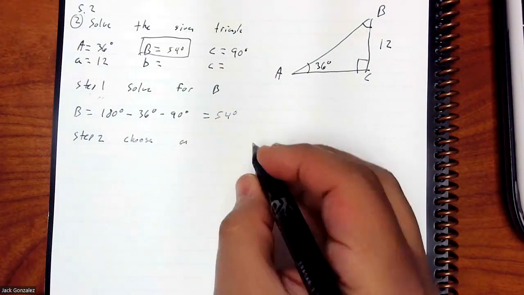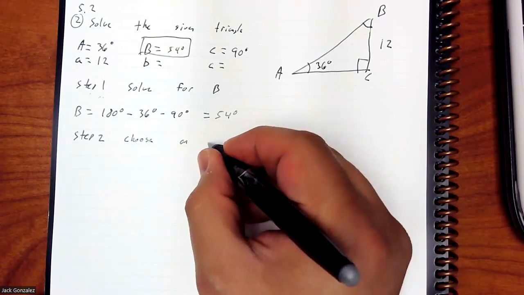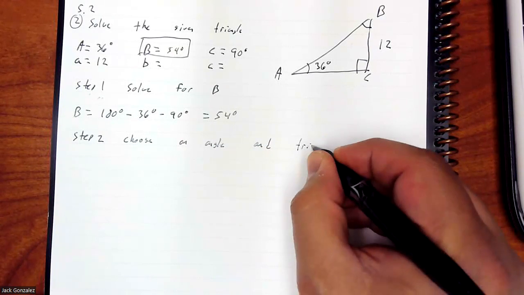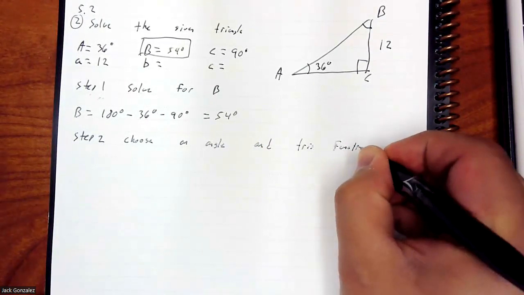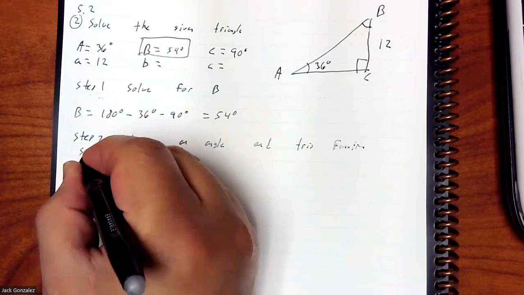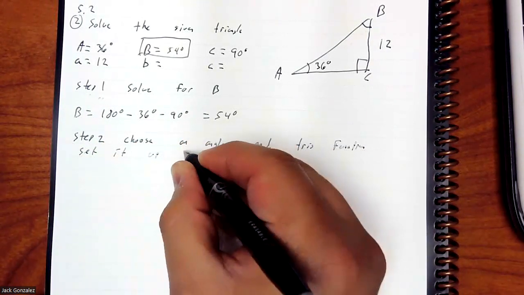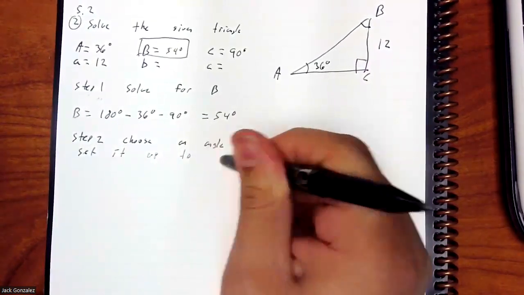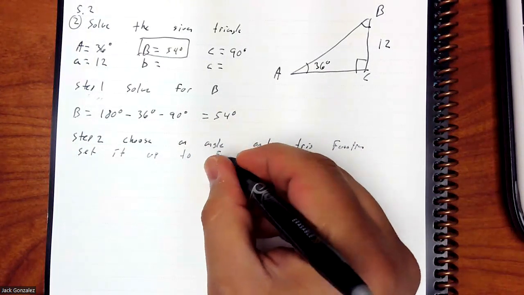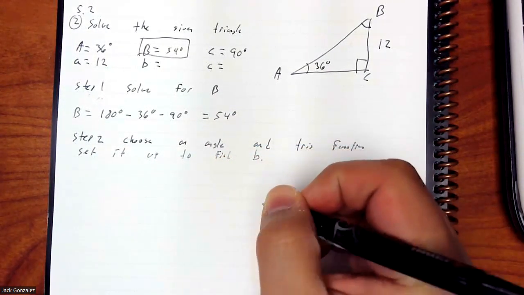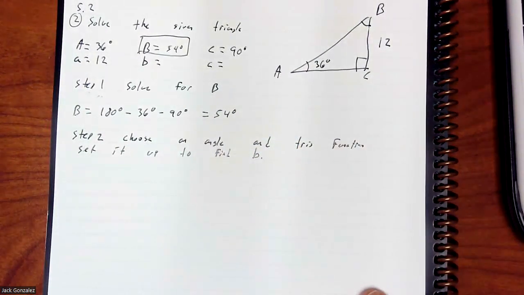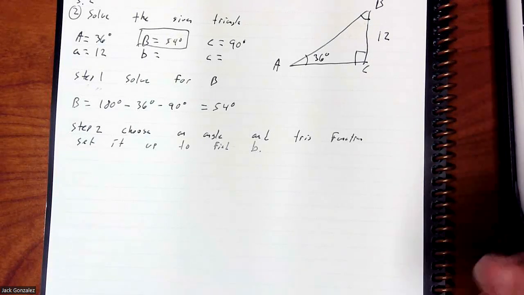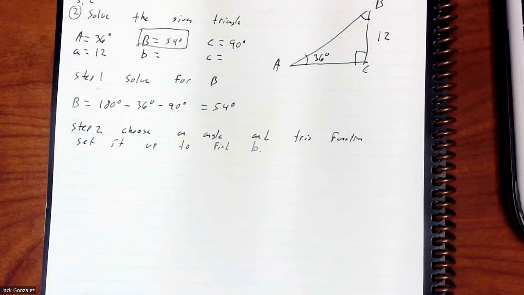Choose an angle and a trig function. Set it up to find b. Okay. So it's up to you. What angle would you choose and what trig function would you choose?